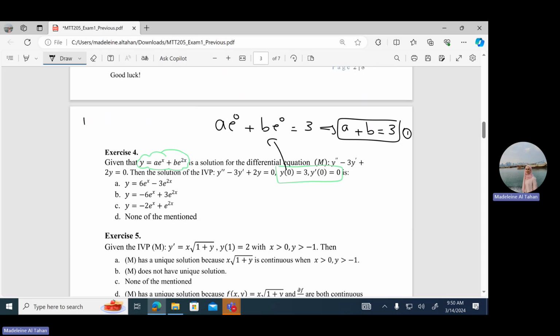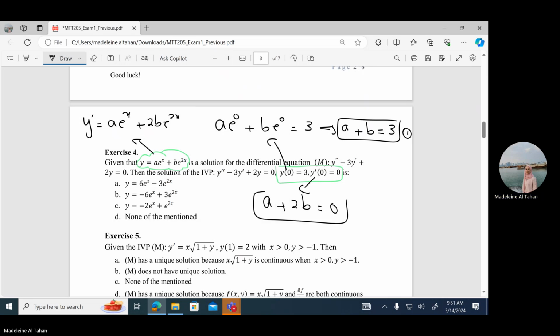So what do we need to find also? y prime is A e to the x plus 2B e to the 2x. y prime at 0 means that A plus 2B is equal to 0. How many equations did we get? 2 equations. How many unknowns? 2 unknowns.